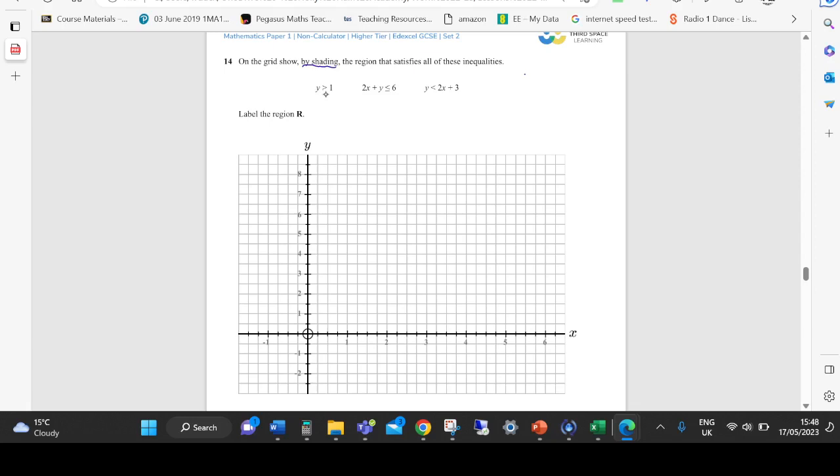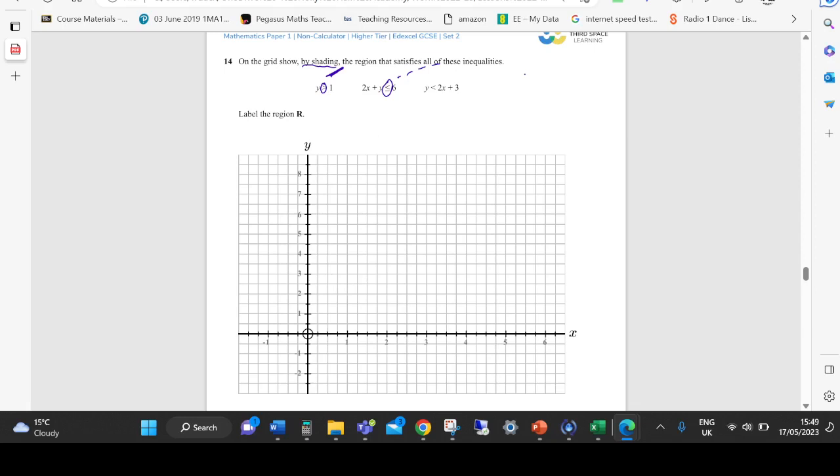So the first thing I'm going to do is be careful of how I draw these because we've actually got different inequalities to show. Just as a recap, if it is a less than or greater than, we would have a dashed line. If it's or equal to, we would have a full line, which I haven't seen come up on a paper at GCSE anyway.